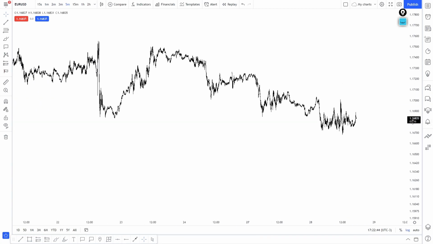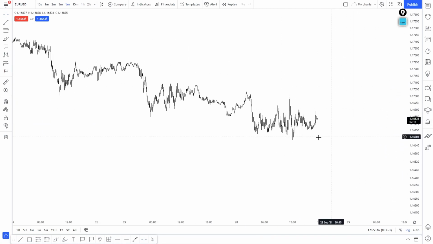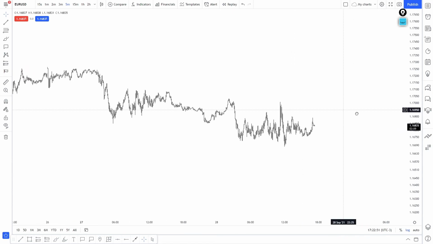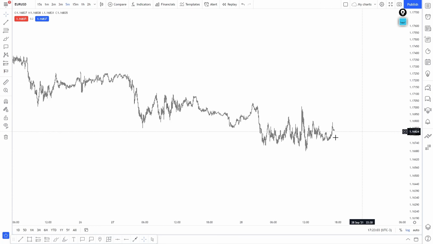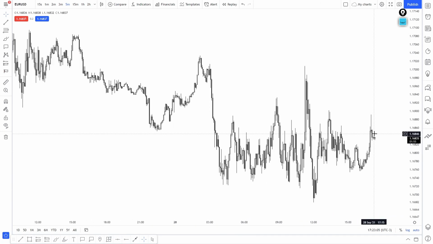I mean, we really moved sideways. We do have an impulse up, impulse down, but that's pretty much it, right? And same thing here, right? And I think, given this price action is for the 24th, so past Friday, yeah. And I mean, we had a couple of ranging days, right, which is not really good.